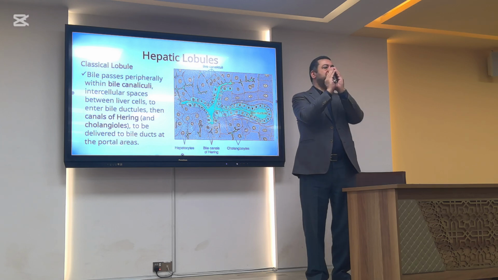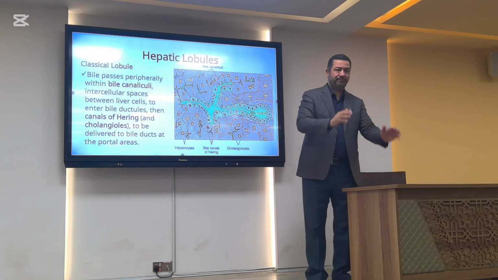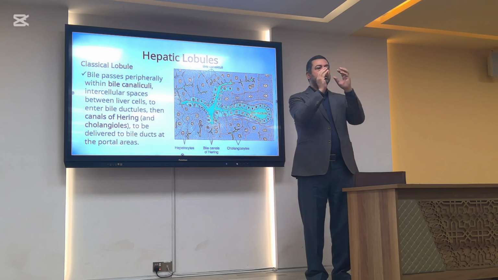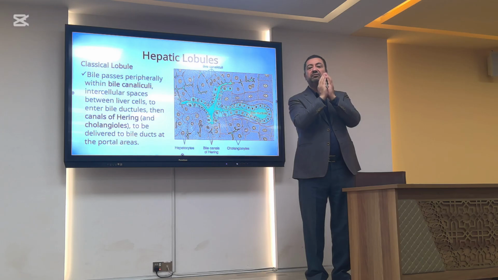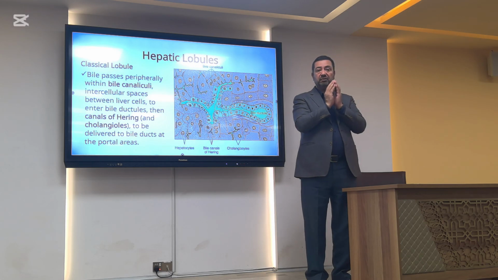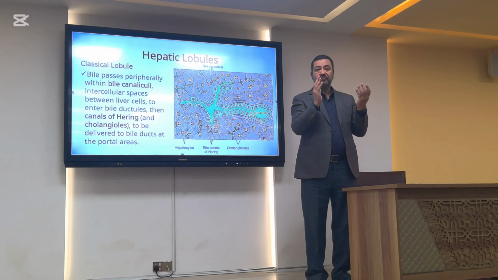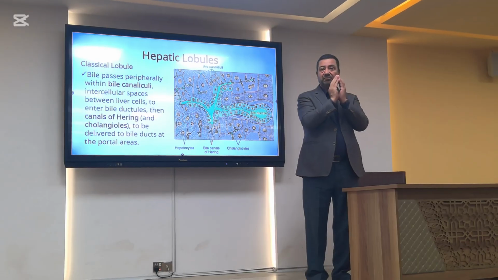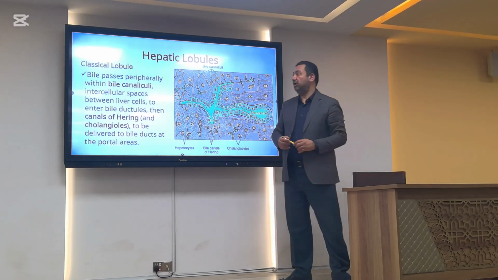When two hepatocytes attach together and make tight junctions around these depressions, they become bile canaliculi without any lining, just formed by the hepatocytes. So these are bile canaliculi.